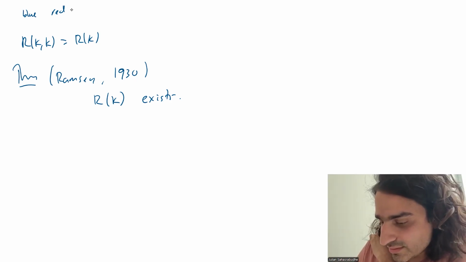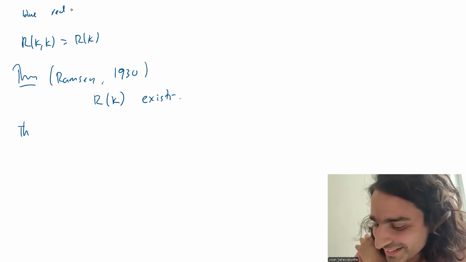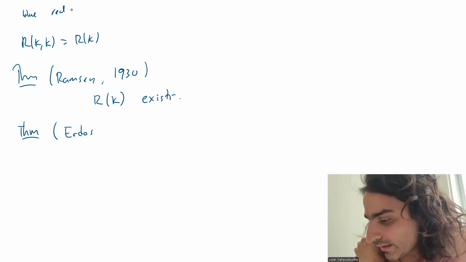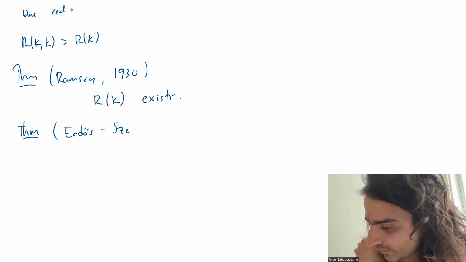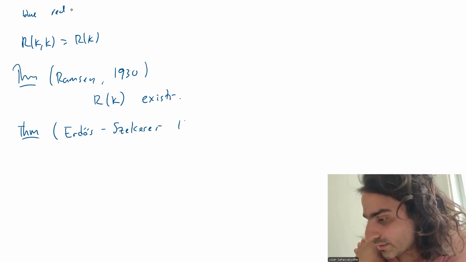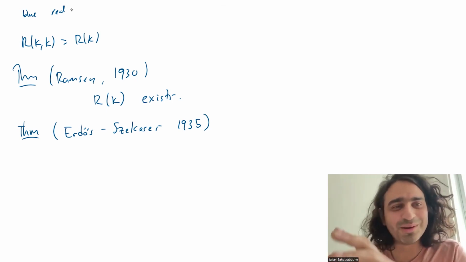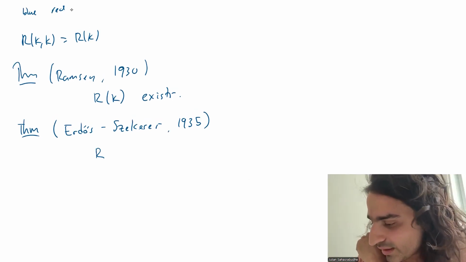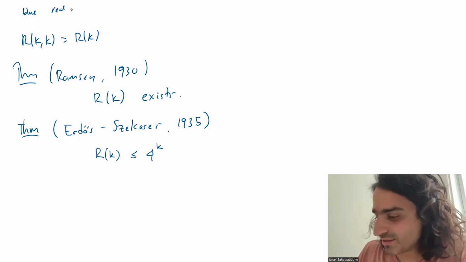The first good bounds, or maybe I should say the first exponential bounds. Ramsey actually had factorial bounds, which is a bit odd, but it's kind of interesting. But the first exponential bound was given by Erdős and Szekeres a few years later. It seems actually that they independently discovered the theorem, and then someone told them that actually Ramsey had this idea before, and they proved that R(k) is basically at most 4^k. In fact, they did something a little bit better, which I'll get into later.